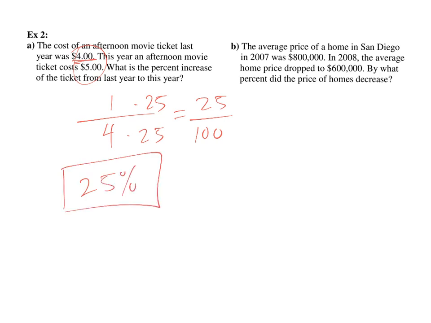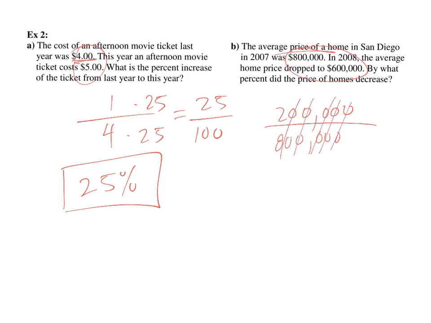Part B. The average price of a home in San Diego in 2007 was $800,000. In 2008, the average home price dropped to $600,000. By what percent did the price of homes decrease? So what was the change in price? That would be $200,000. What was the original? $800,000. So I got all these zeros that I could cancel out here.